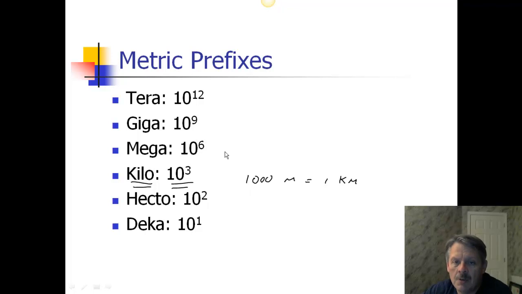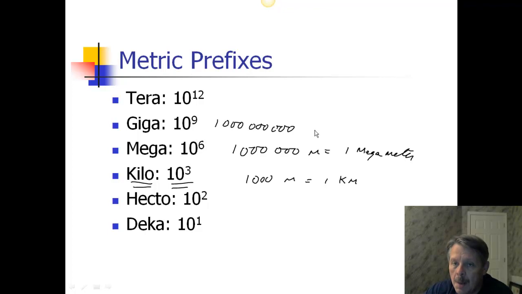Mega you should recognize. Think of Mega Millions, the Mega Millions jackpot, the lottery in Virginia. And there are 1 million meters in 1 megameter. Well, that would lead you to believe that there would be 1 billion meters in 1 gigameter. By the way, let's just change it to liters in 1 gigaliter. Notice it doesn't matter whether I'm talking about meters or grams.